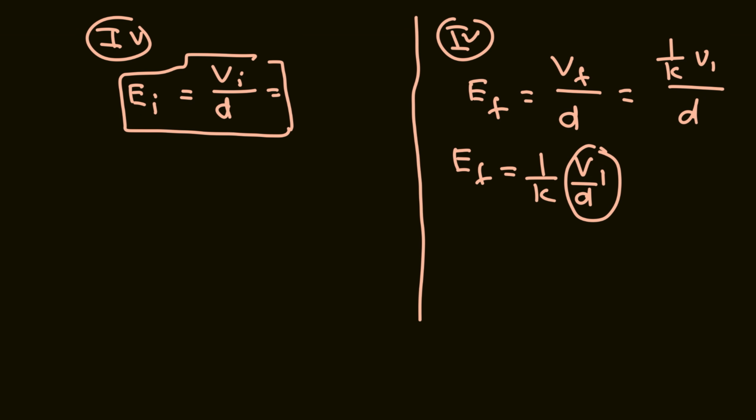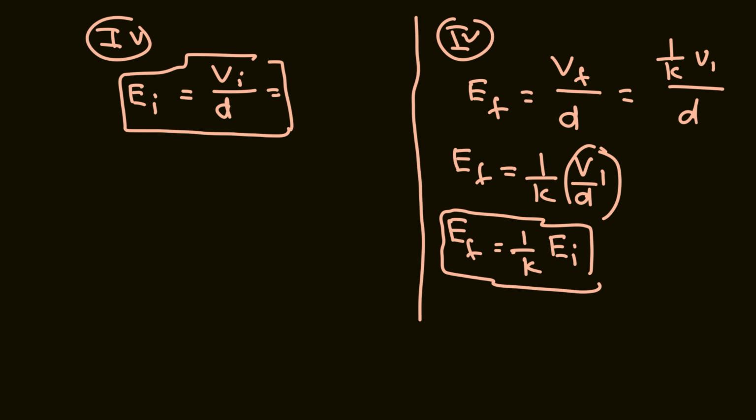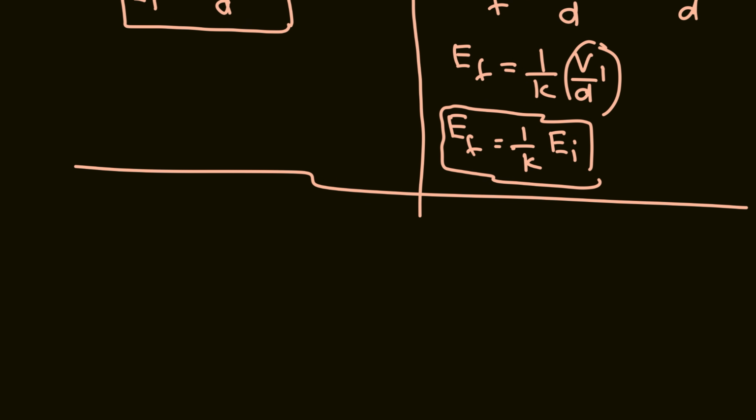So the final electric field is 1 by K times E initial. Here the electric field also decreases. Now the fourth part is completed.